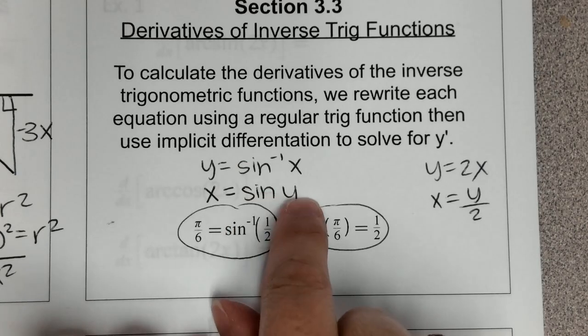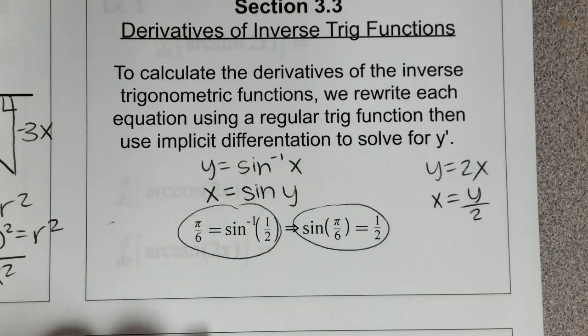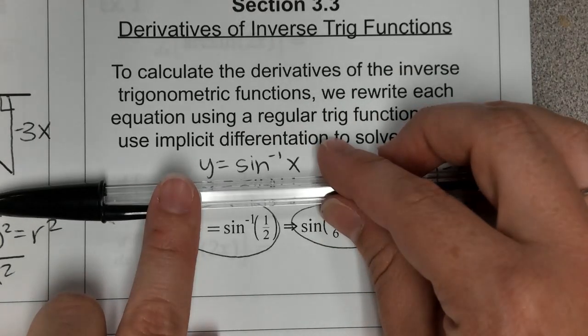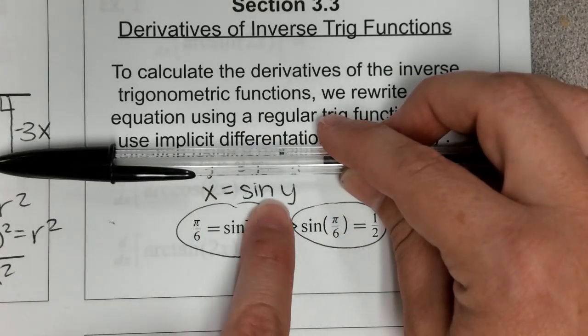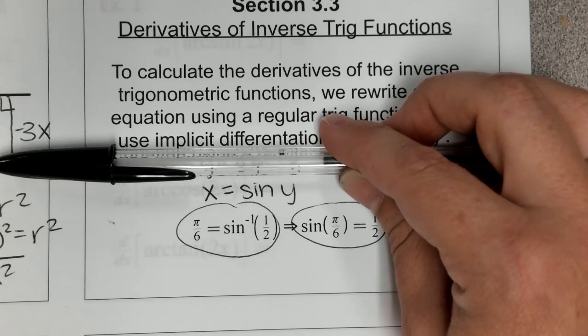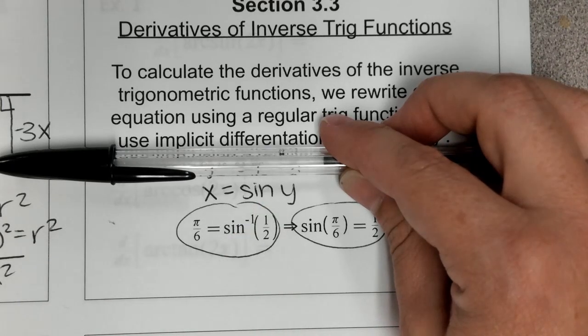If the sine of y is x, then the inverse sine of x is y. Yes, those two things mean the same thing. Now, we don't know how to take the derivative of that. Oh, but we do know how to take the derivative of this. What's the derivative of sine, regular sine? Everybody? Cosine. Okay, but the problem here is this is not the sine of x, this is the sine of y. What's the derivative of the sine of y with respect to x?